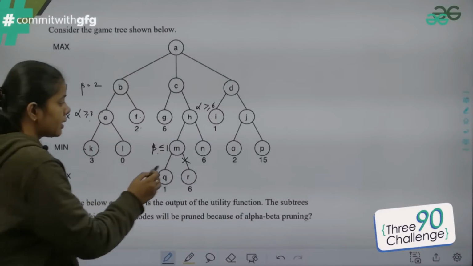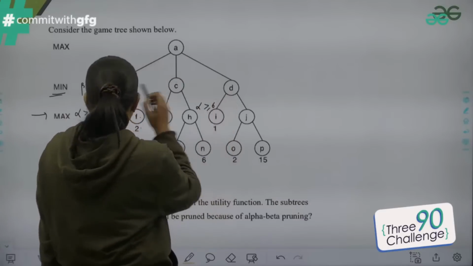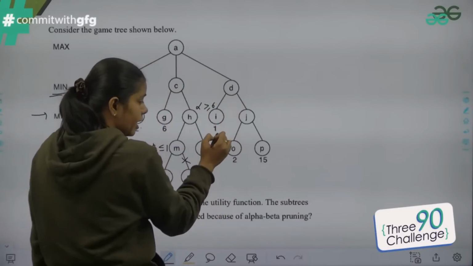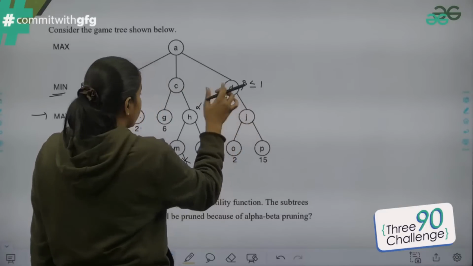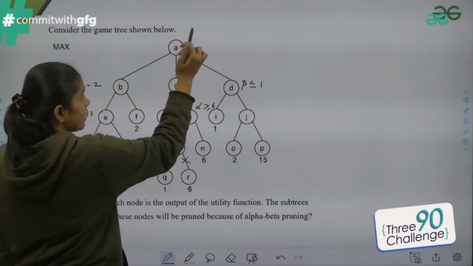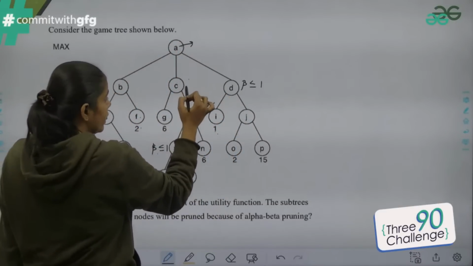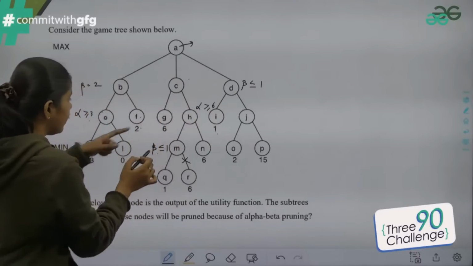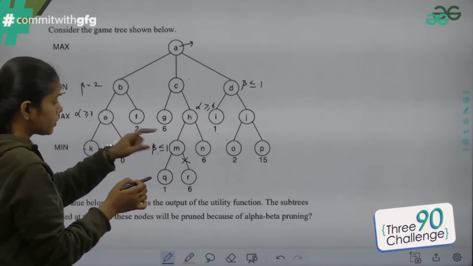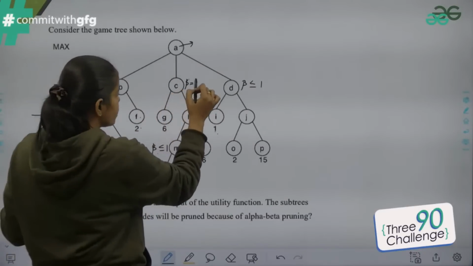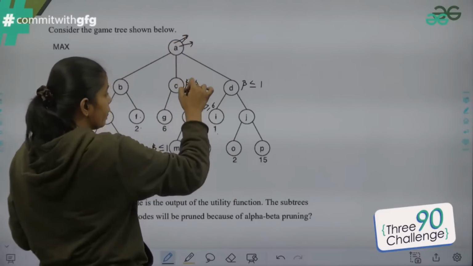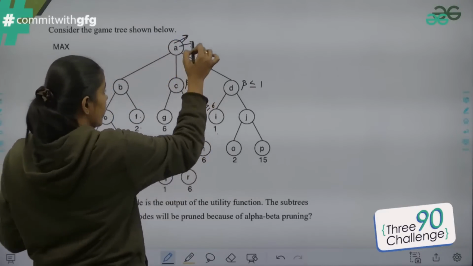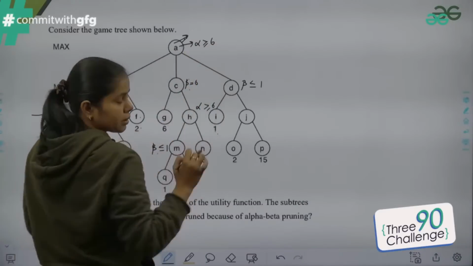Similarly, now for this one, here you can see that this is min, and I have seen that beta is less than or equal to 1. This one has to maximize its utility, so for this max value alpha can be greater than or equal to 6, and this is 6. Because of this to maximize its utility, what would it do? It would be max, so alpha should be greater than or equal to 6, right?